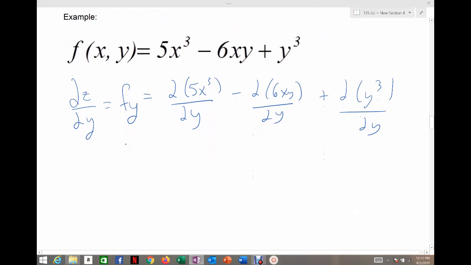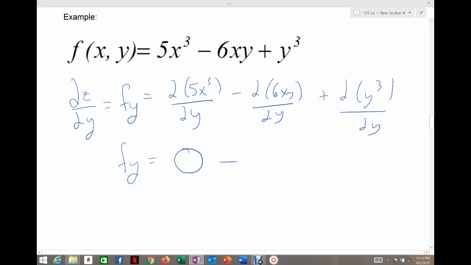So just like before, I'm taking the derivative of the y variable. X is my constant, and so in this first term, it's 5x cubed. There is no y part. So there's no change. So this rate of change, no change, is 0. So that zeroes out.